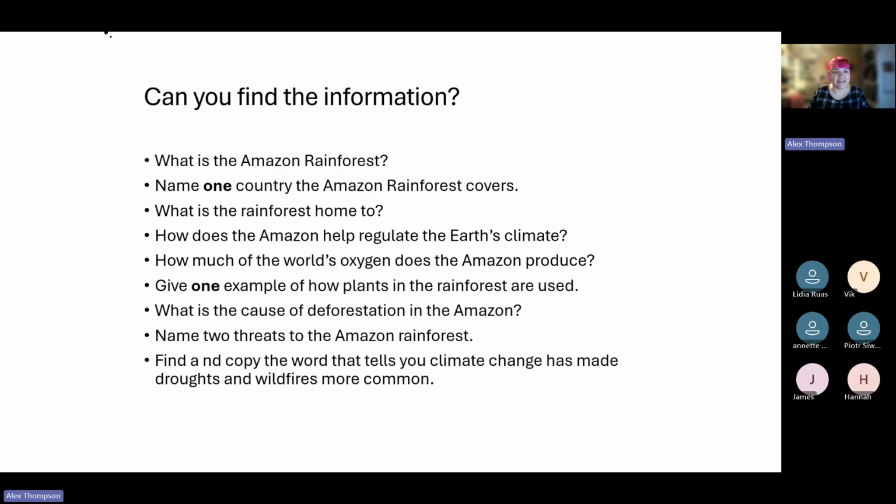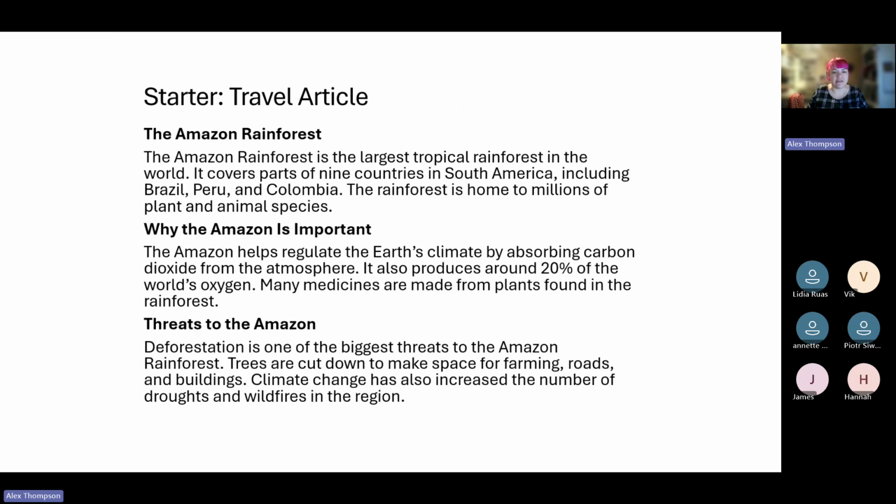So let's have a look at the last two questions. Okay, I like this one. Name two threats to the Amazon rainforest. If this was a real question in your real exam, the word two would be in bold because they want you to remember that. They want you to notice it, and they want to make sure that you are giving two answers. So two threats to the Amazon rainforest.